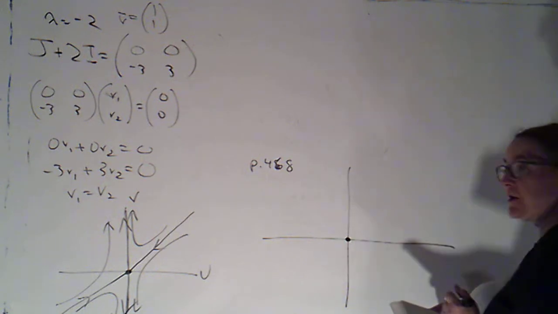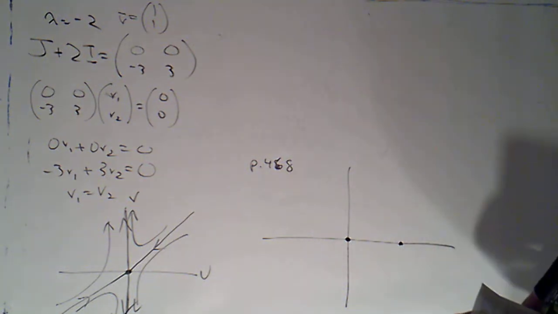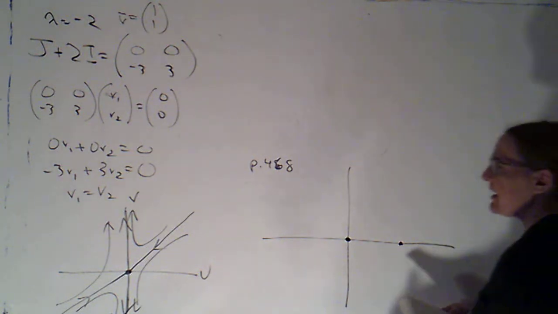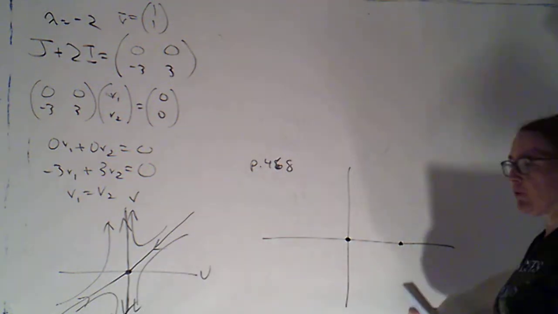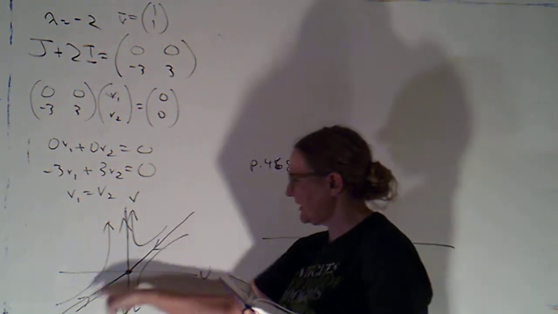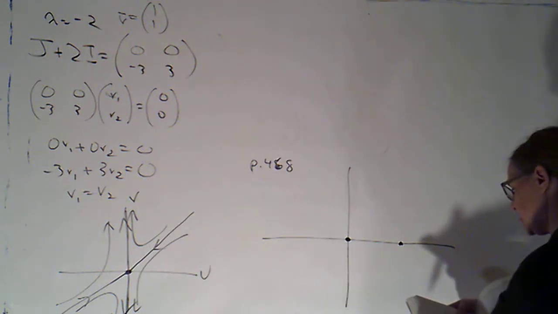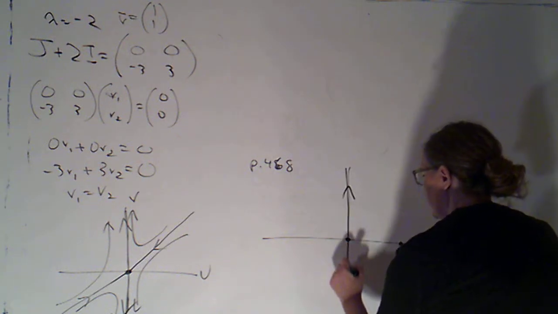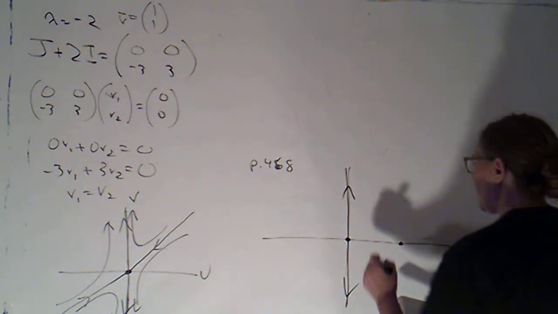Remember, we said the origin was an equilibrium point, and there was another equilibrium point over here at 1, 0. Now, there are these straight line solutions here. So that's 4 different curves, because each half line is a solution curve that approaches or leaves the origin. We don't lose that. We're still going to have 4 curves, 2 of which go away from the origin and 2 of which approach it.